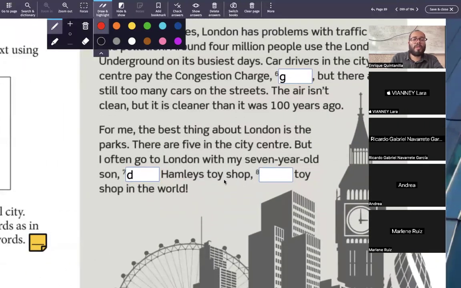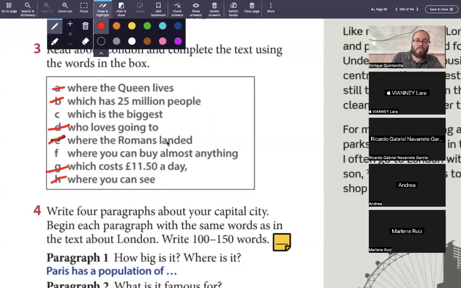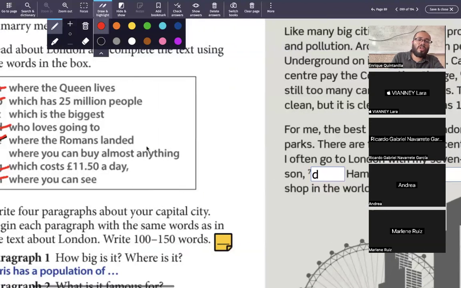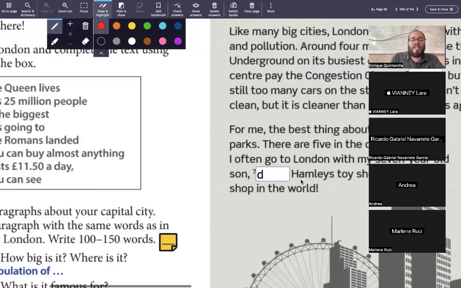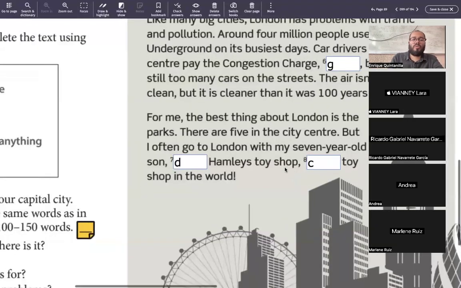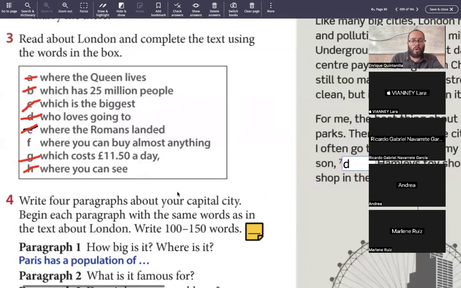My 7-year-old son who loves going to Hamleys toy shop, which is one of the biggest shops in the world. Y la única que nos falta es which. Ya habíamos puesto la F, ¿no?